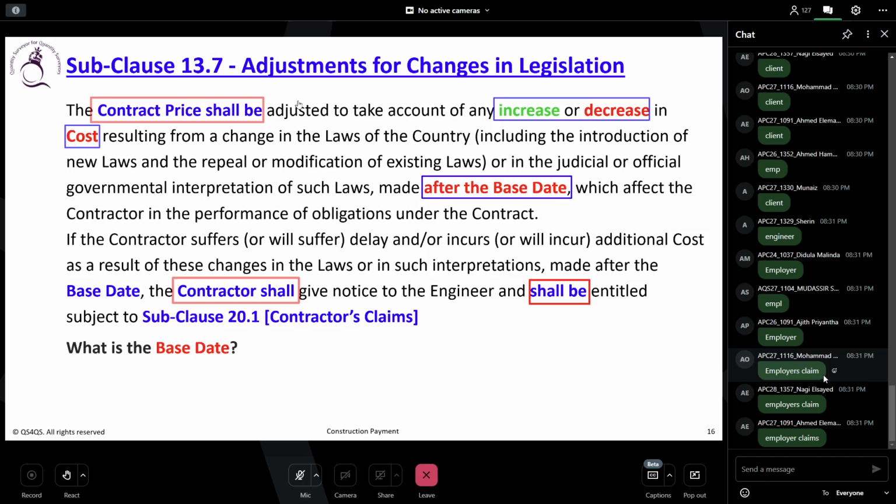Let him do it. I don't have any problem if it is a decrease. So then the engineer, consultant, you need to take the action against this. Can you mark that point? You mark that, if it is a decrease, then employer claim will come. So 2.5 and 3. Engineer determination is also needed. Okay, have you all done?